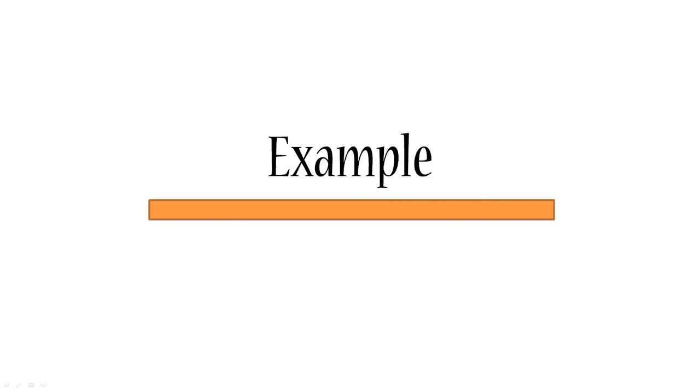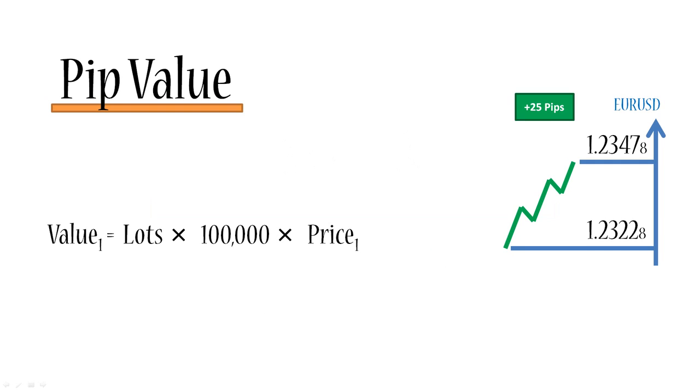So let's look at this example that we talked about just now in more detail. There's our chart on the right. The price moved up 25 pips. So let's calculate the value of the euros that we bought at the moment when we entered into the transaction. The value of the euros that we bought is calculated as the number of lots times 100,000 units of base currency times the price at point 1.